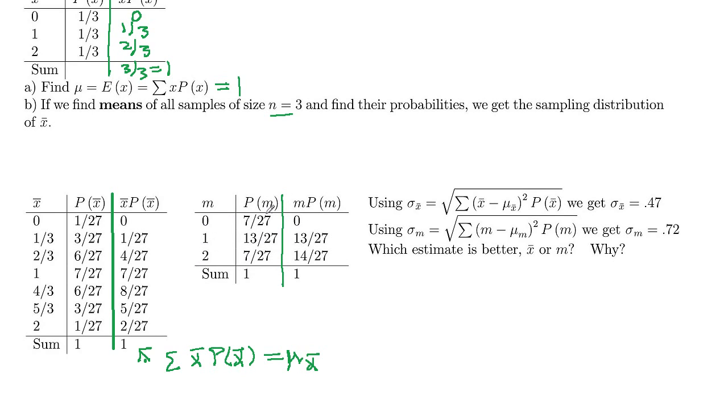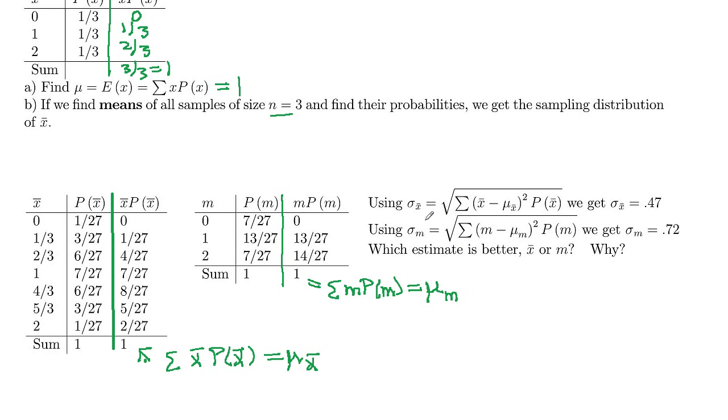And then to find the mean of this sampling distribution, that's the sampling distribution for the sample median, you multiply straight across and add them up. And then this is our sum of the median times probability of the median, which is the mean of the sampling distribution for the sample median. So I'll write that as mu sub m.